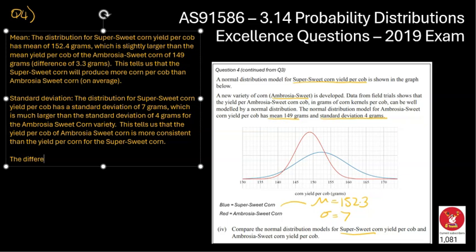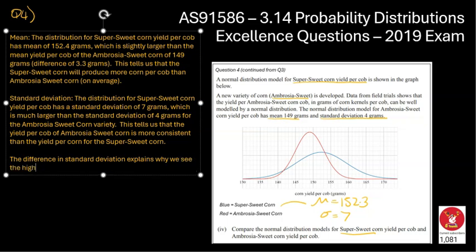So the difference in standard deviation explains why we see the higher yield per cob being the super sweet corn variety.